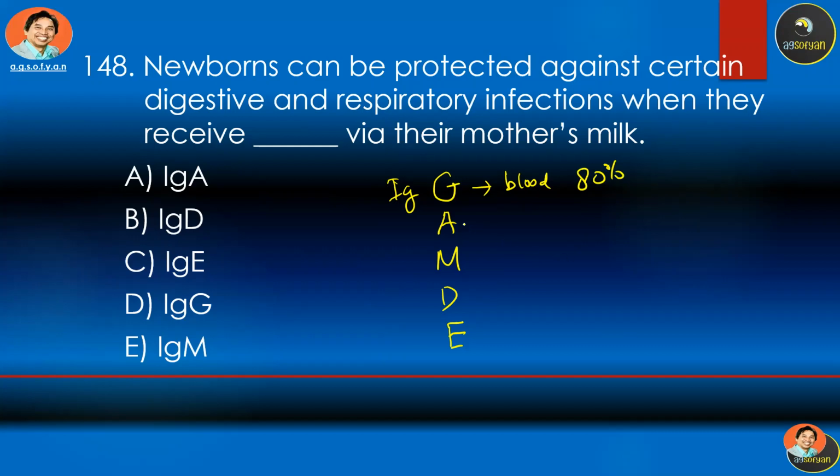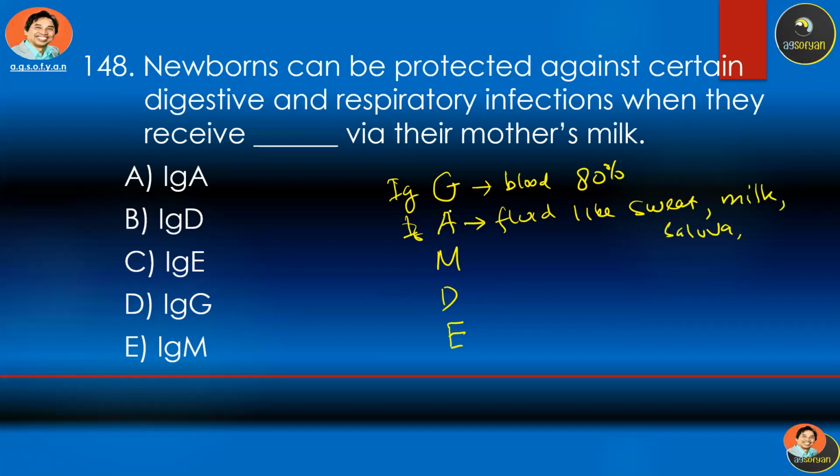IgA is the one that's mostly present in the secretions, in fluids like sweat, milk, saliva, mucus.